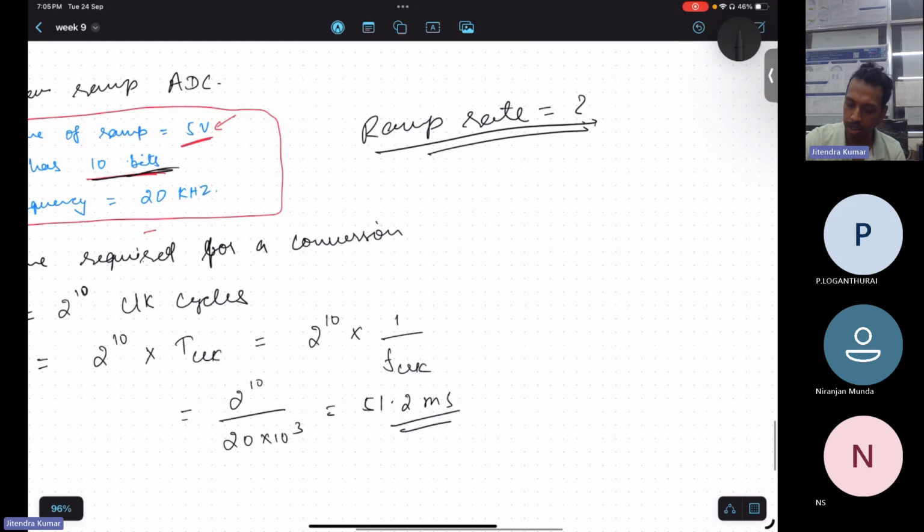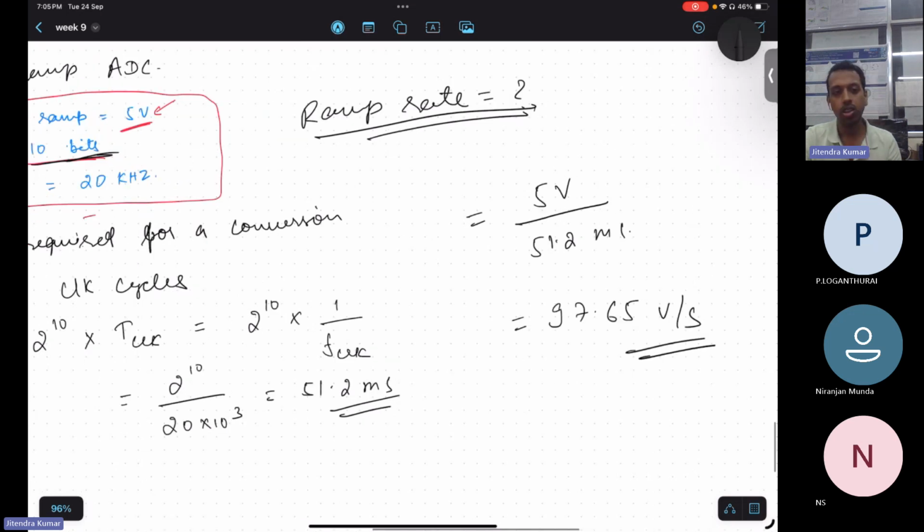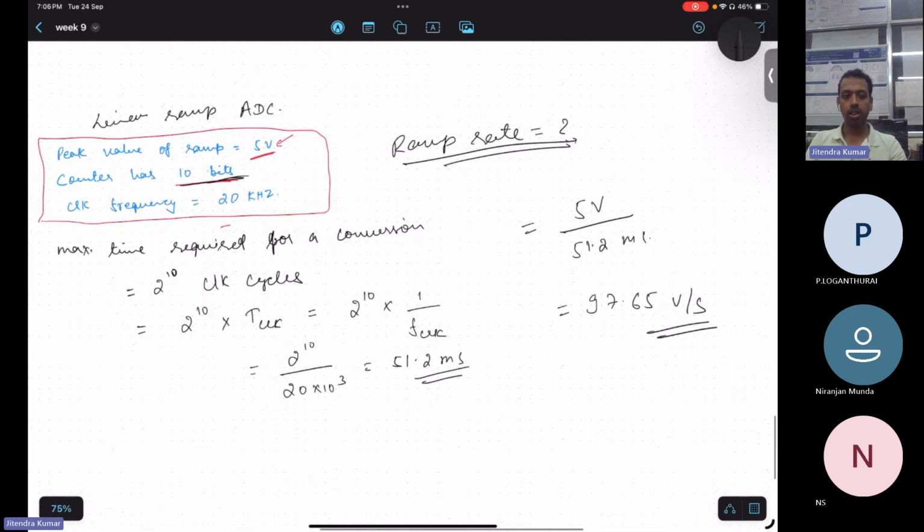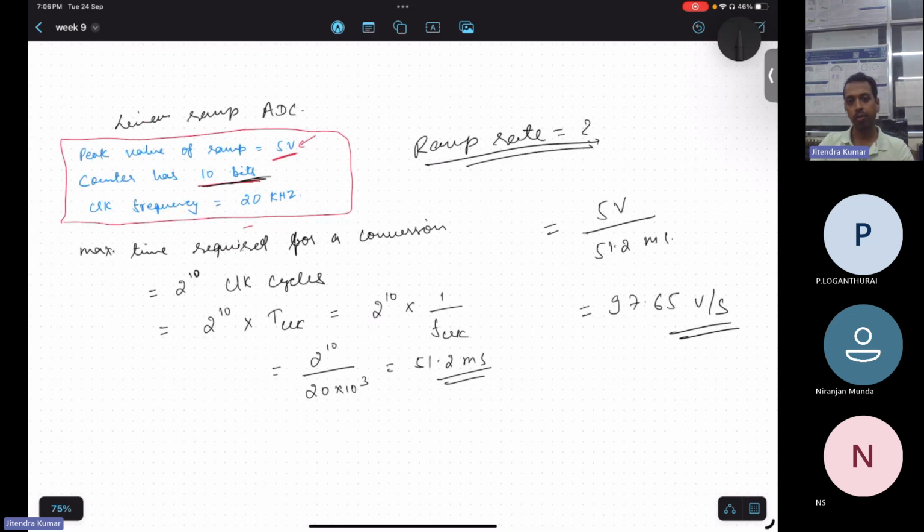Okay, so it is nothing but 5 volt is the maximum and 51.2 millisecond. So 5 divided by that. Okay, yes, exactly. That's correct, NS, 97.65 volt per second. So that much will be the ramp rate of this ADC. I hope you will be able to solve the problems based on this ADC.